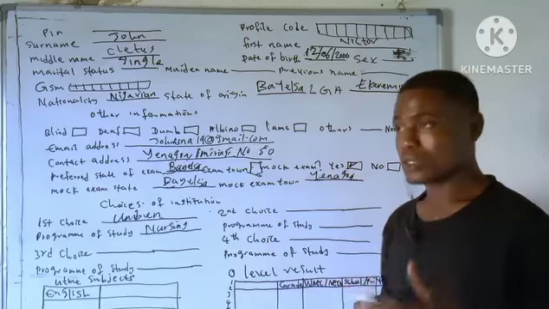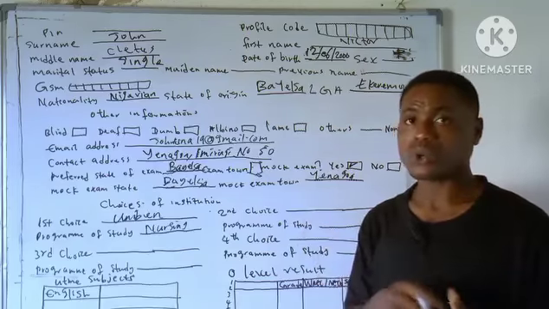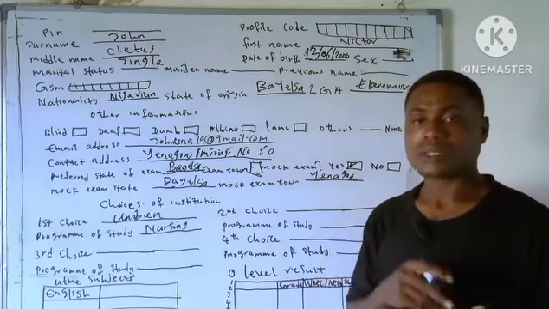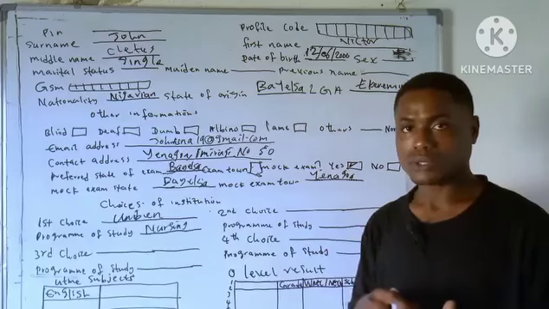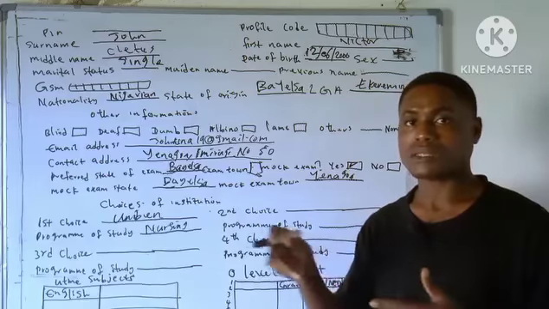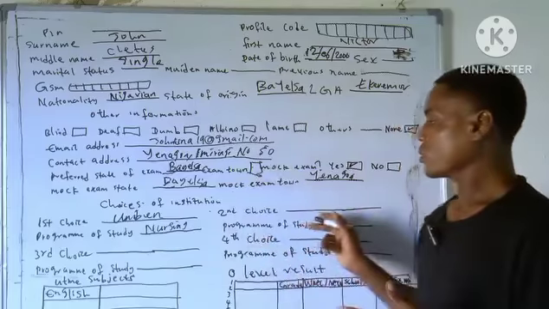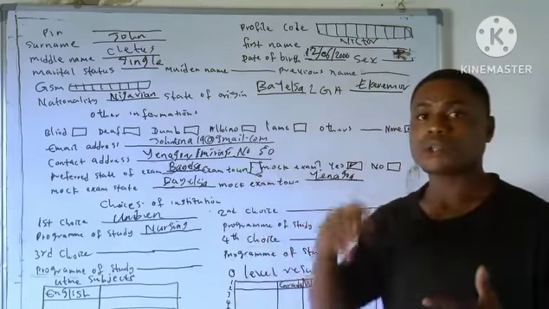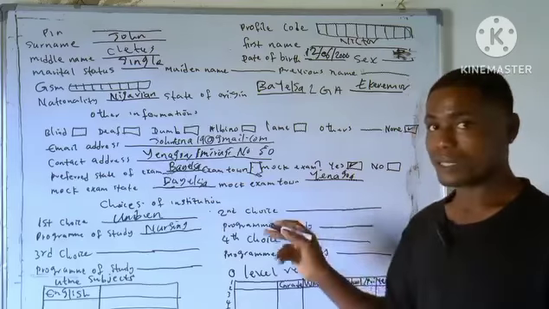So what you need to do is, after this video, go to Google or Chrome and search names of universities that accept second choice. Spell second choice. You will see the number of universities that accept second choice. Are you getting it?